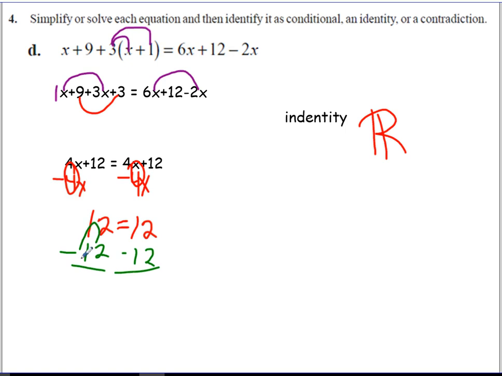And again, once we do that, we're left with nothing on one side and nothing on the other side. So it can keep going to 0 equals 0. But for proof for me, as long as you see that the sides match exactly, you know you have an identity situation where your answer is all real numbers.